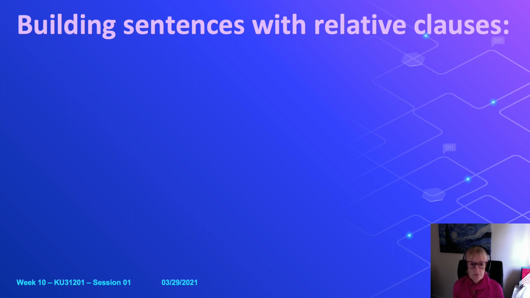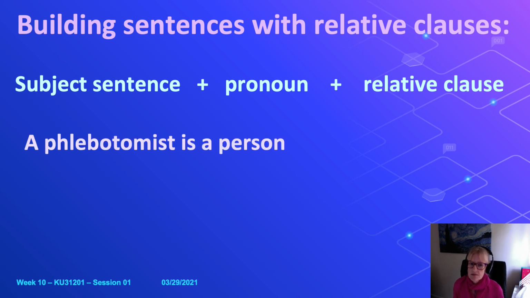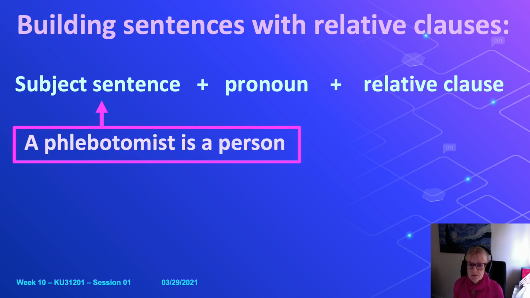Here in our first example, we have the subject sentence plus the pronoun plus the relative clause. So if we use the information from the table, our subject sentence is a phlebotomist is a person. Then we add our pronoun, and we're using the pronoun who because we're talking about a person.